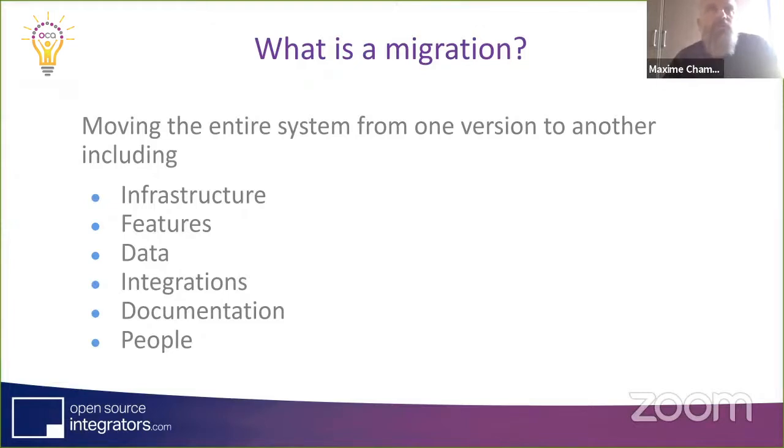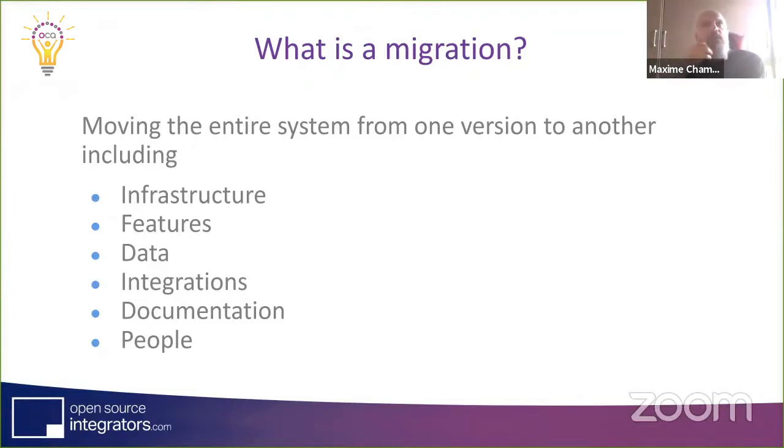But at some point, the system is not supported anymore because Odoo only supports two or three versions, or you need to get to the newest versions for some features, for some capabilities that you want to provide your customer. So moving to a new version, well, you'll need to set up your infrastructure first.